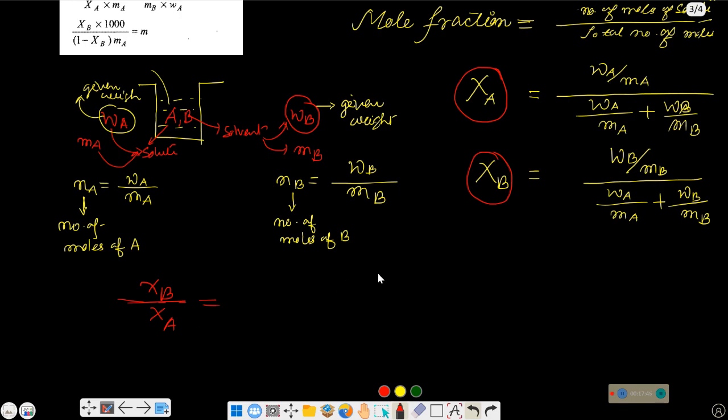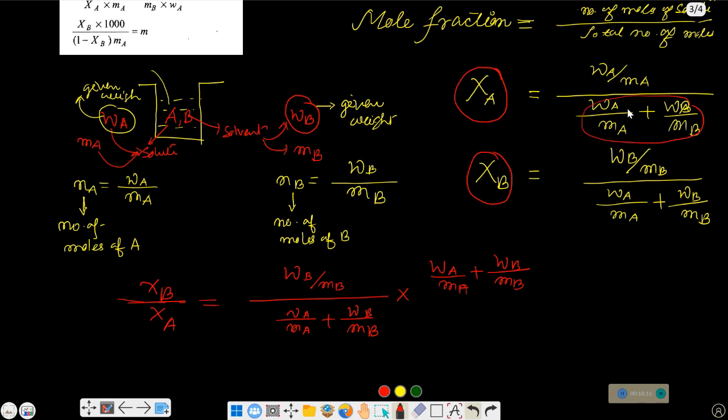Okay, so write WB by MB divided by the total number of moles WA by MA plus WB by MB, divided by xA, means this will go to the upper side. So this portion will go up and this portion will come down.